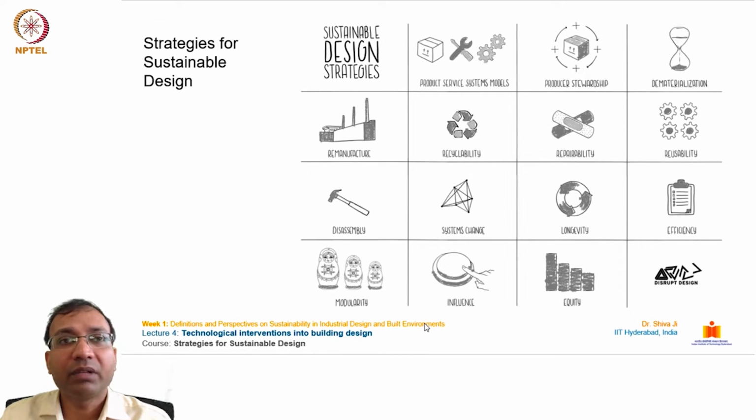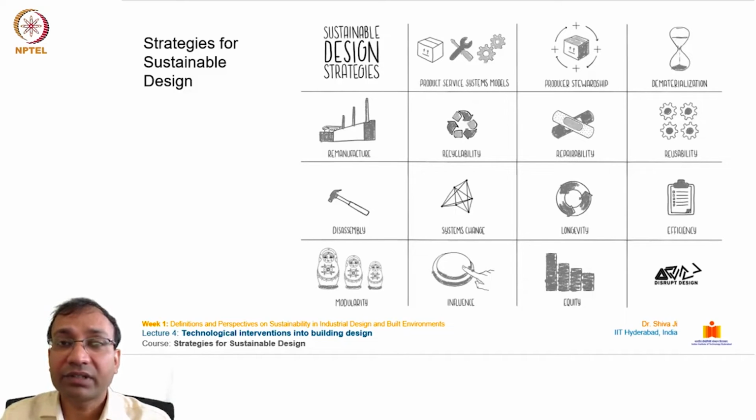You can take note of them again: product service system, designing for producer stewardship, designing for dematerialization, removing the materials, removing redundant parts and components, designing for remanufacturing, recyclability, repairability, reusability, disassembly, designing for system change, designing for extended lifespan, longevity, efficiency, designing for modularity, designing for influence, equity, etc. These are some major strategies which we have studied in this course.